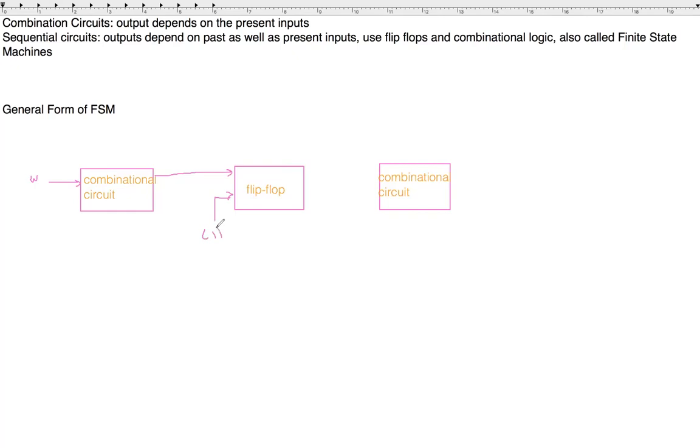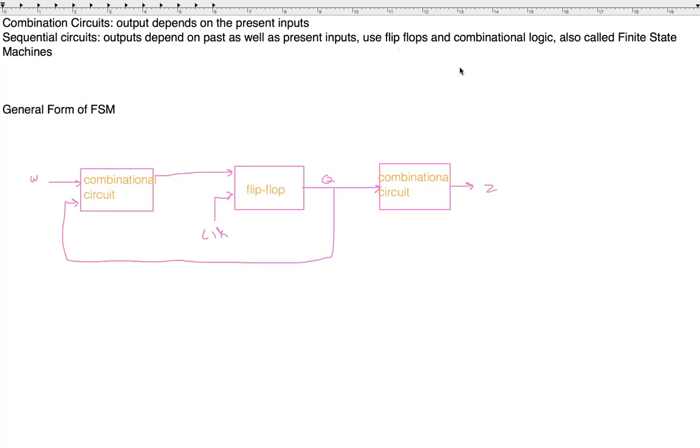Then the Q is the output that goes to the combinational circuit here, and it also goes back to the first combinational circuit. We're going to see an example of why that occurs. And we're also going to see our output Z from the last combinational block.